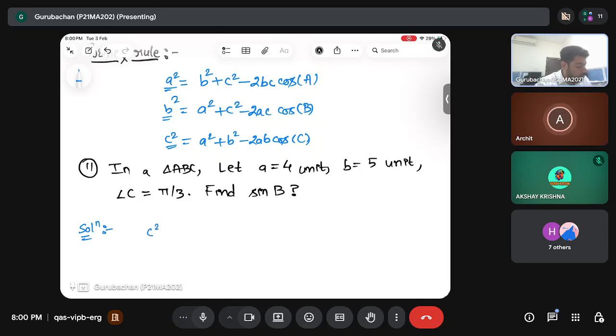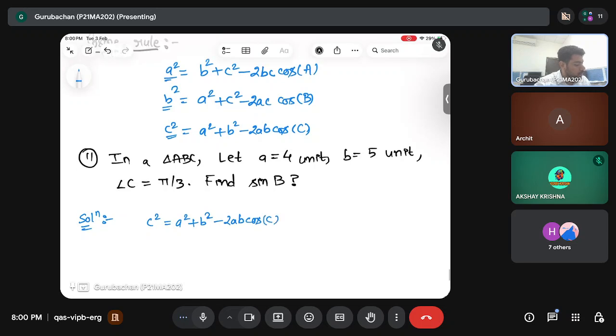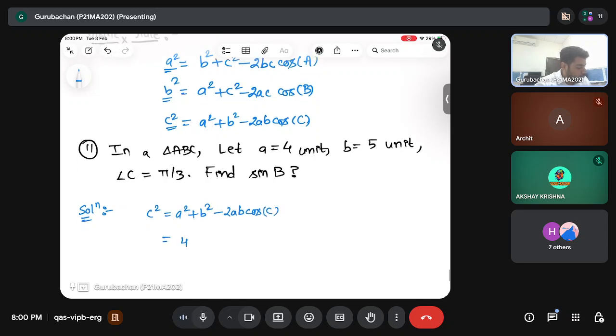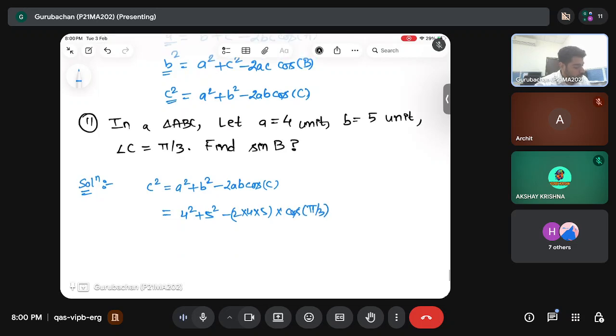Okay. Yes, sir. So c square is equal to a square plus b square minus 2ab cos C. So this will be 4 square plus 5 square minus 2 into 4 into 5 into cos pi by 3. So this will be 16 plus 25 minus, cos pi by 3 is 1 by 2.